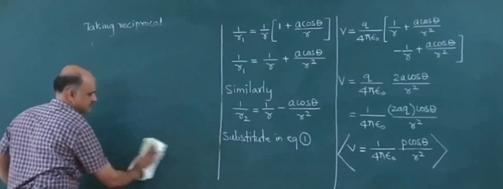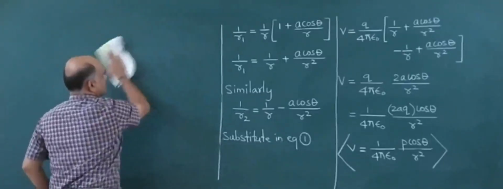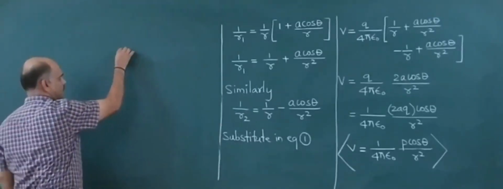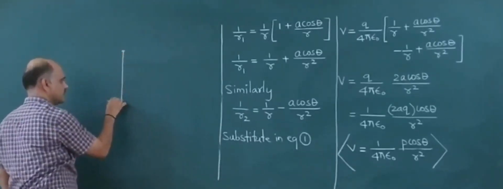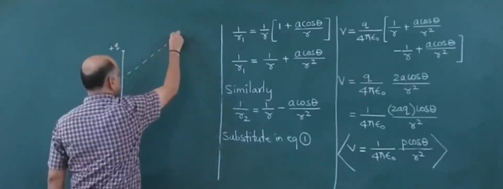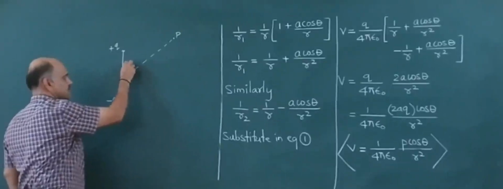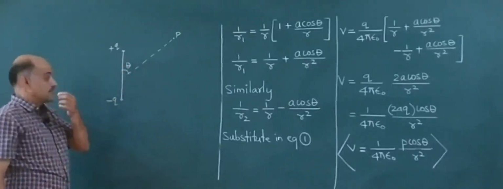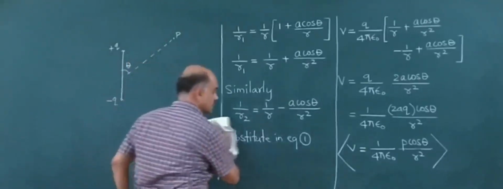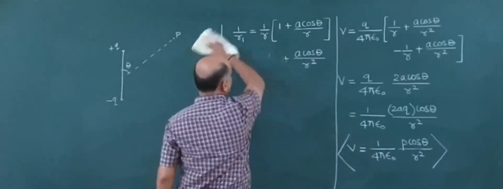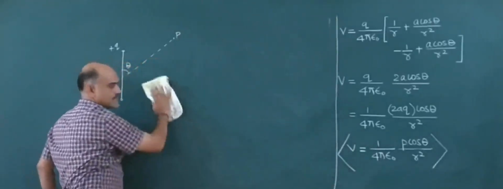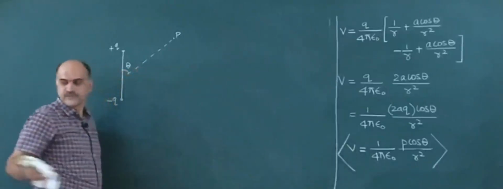Clear, students? Now, if you once again observe the figure, if I take a rough figure, minus Q, plus Q, I had taken P over here, inclined at an angle theta. Now suppose this point P is on the equatorial line of the dipole.